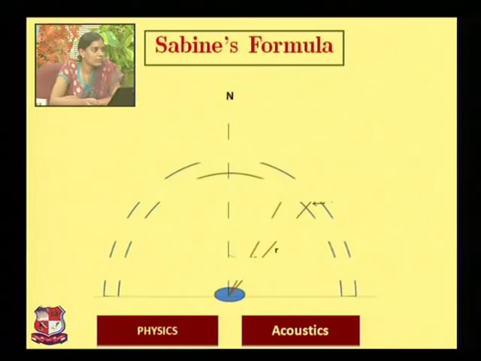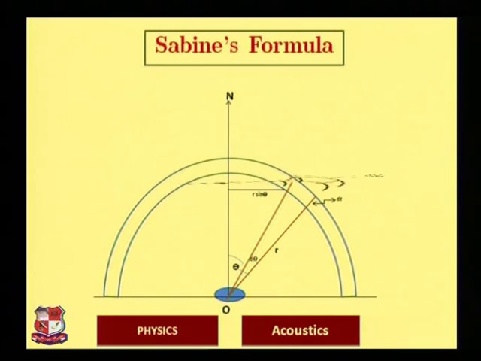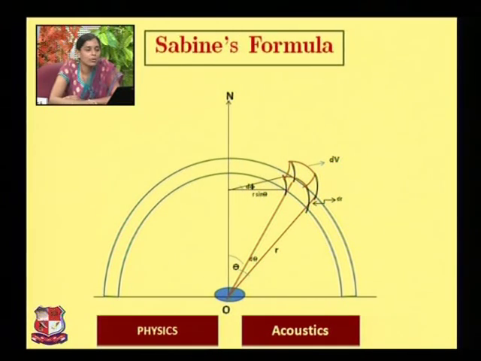Now he moved that particular surface element through an angle d phi about the normal n, and you can see that one small volume dv is made by that rotation.